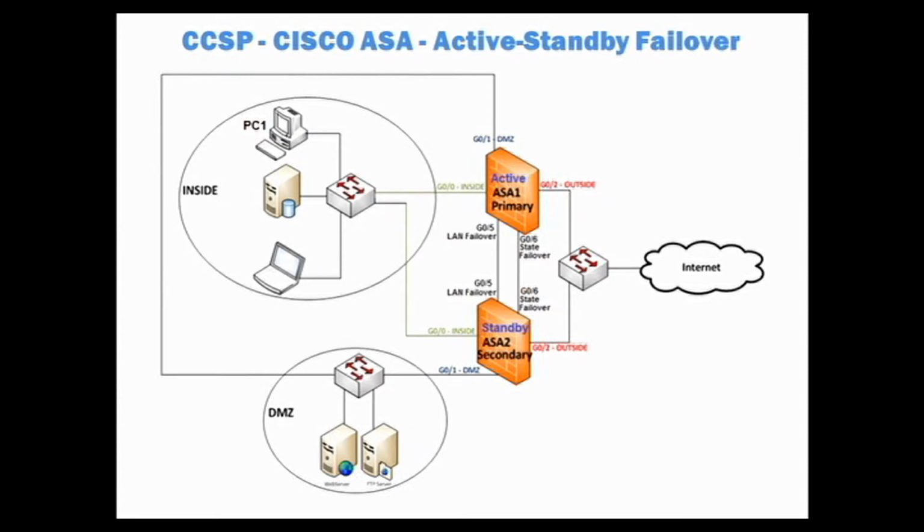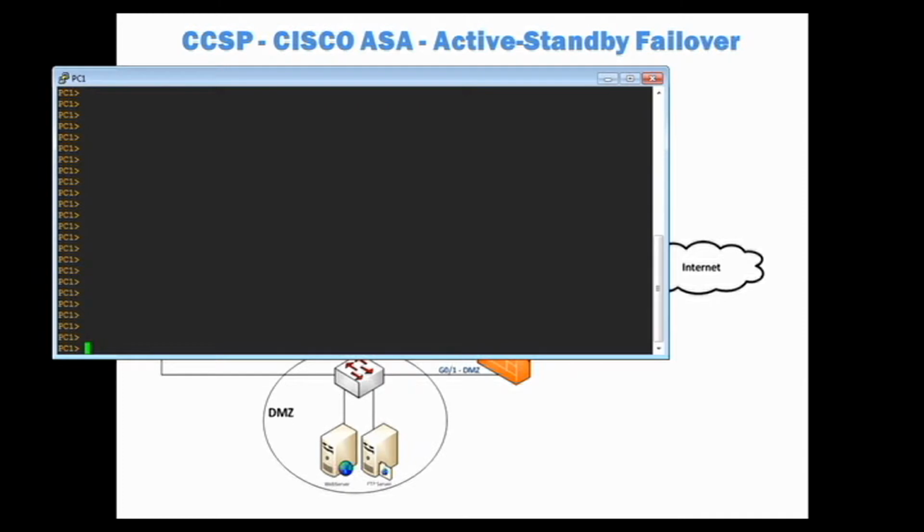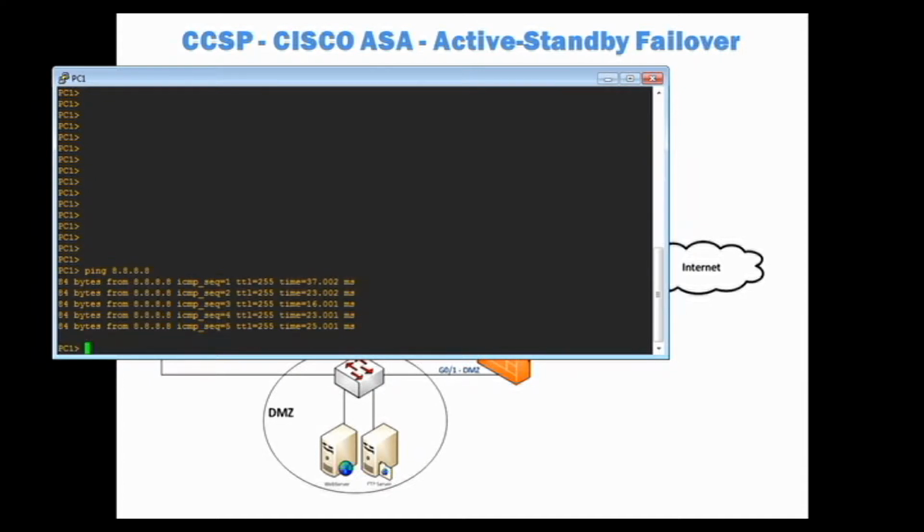Let's first ping the public DNS 8.8.8.8 from a PC inside the LAN. Yes, we can ping. I did enable the inspection of ICMP at the ASA, so the ping can pass through the ASA from inside to outside.